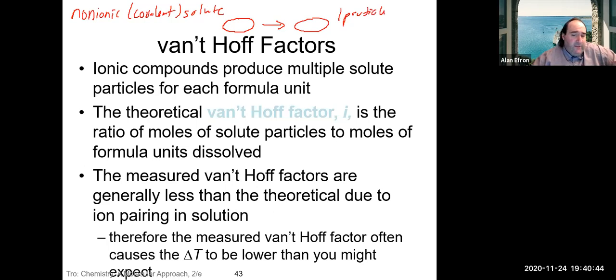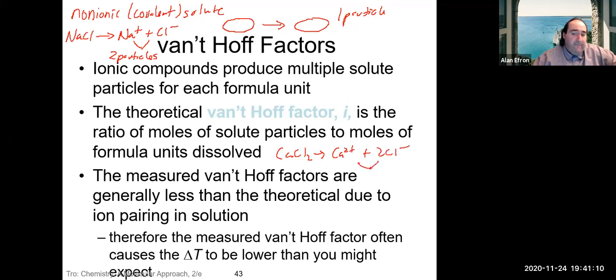Now, if we were to dissolve something that's ionic, say something like sodium chloride, for every one sodium chloride that we dump in there, we get a sodium ion and a chloride ion. We basically get two particles for every one that we put in there. If we took something like calcium chloride and dissolved it, we would get a calcium ion and two chloride ions.